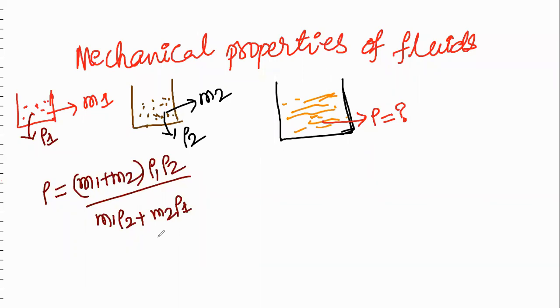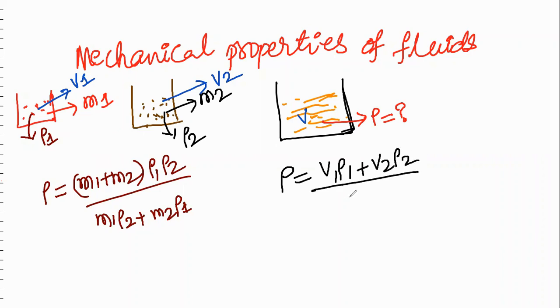If the volumes of the liquids are V1 and V2, then V is the common volume. In terms of volume, rho is equal to (V1 rho 1 plus V2 rho 2) divided by (V1 plus V2).